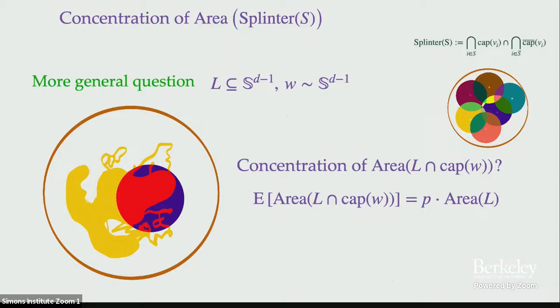And now we ask what's the area of this shape, which is L intersect the cap of W, where W is a randomly sampled point on the sphere. Okay, so this is a distribution, and we want to know its concentration. Of course, we care about the expectation. In expectation, the intersection between L and a random sphere cap of fractional area, let's say P, is equal to P times the area of L. This is by linearity of expectation.